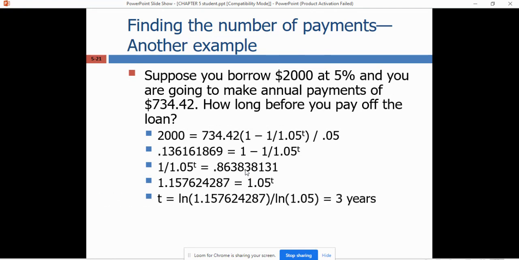Class, the next part is you are required to calculate using the logarithm, ln. Only then will you be able to solve for n. So use your calculator: ln of this, divided by the natural logarithm ln of 1.05, and you will get an answer equal to 3 years.